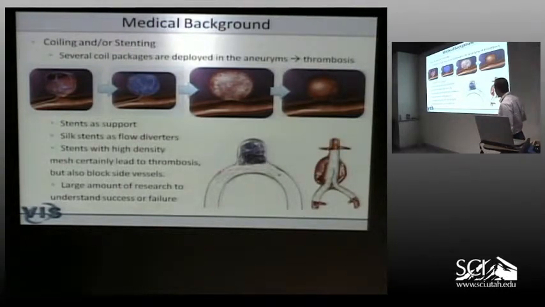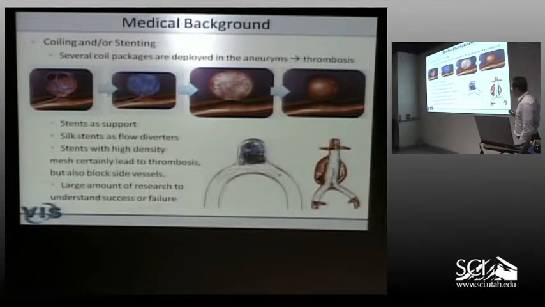This is an example of this combination of stenting and coiling, where the stent is used just to prevent the coils from going away. And this is an example of a stent for a bifurcating situation. This is available for abdominal aneurysms, so for this area, but so far not for neurovascular systems.